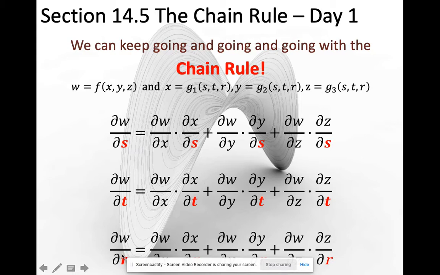Now, we can keep going and going if you want. Look at this. Here's my W. If I want my partial W, partial S, notice that I've got all S's down here. Partial T, all T's.